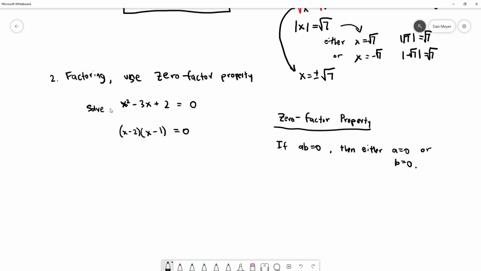The point here is that the zero factor property is a property about 0. 0 is the only number where we can say anything. If you knew that a times b is equal to 1, then you don't know anything about a or b other than that they're reciprocals. a and b could literally be any number. If they multiply to 0, then at least one of them has to be 0.